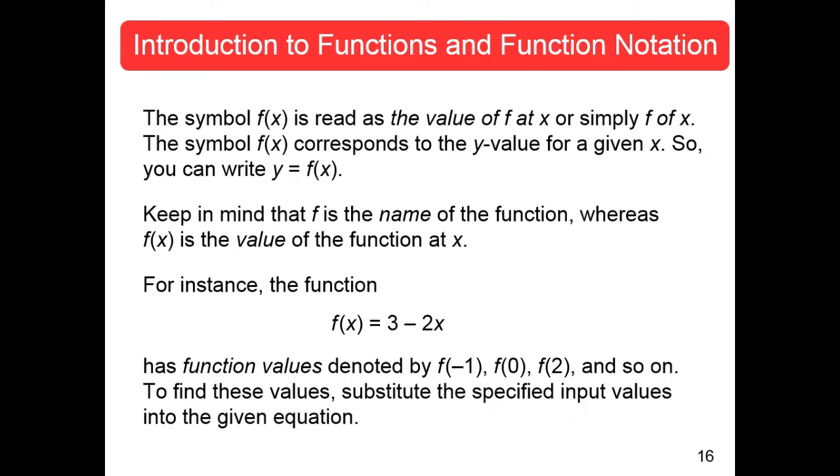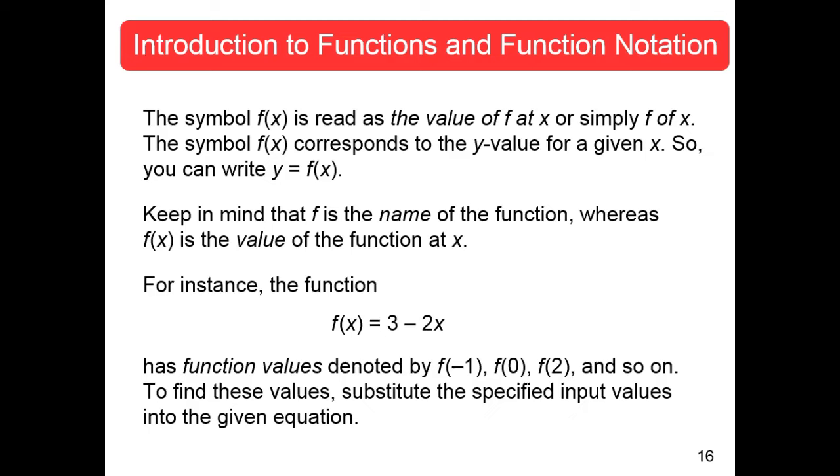I don't know. Anyway. F of x is equal to 3 minus 2x. There's a function. What is it? You start with the number 3, you subtract twice whatever the input is here, and you get the new output. Right? So let's do it. Here's f of x is 3 minus 2x. How in the world are you going to figure out the value for f of negative 1?